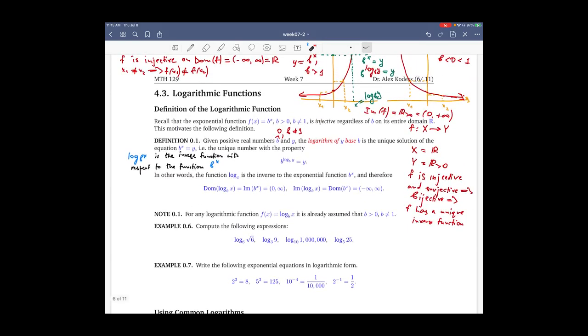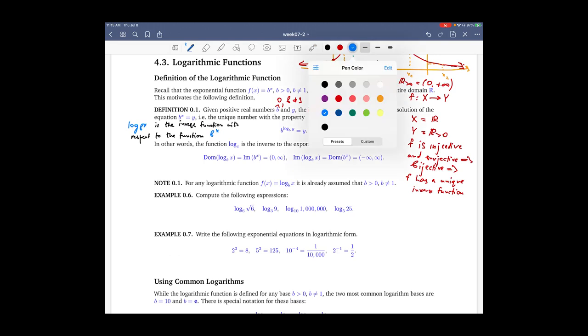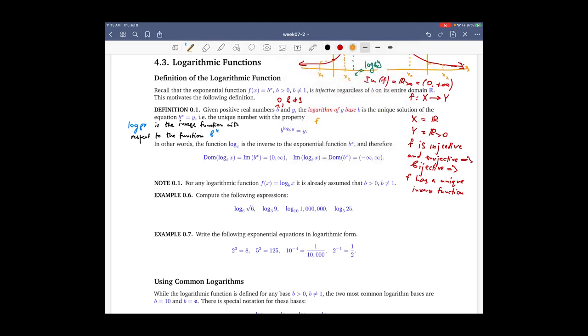So the relationship is very simple, just like for every function f and its inverse, we have f inverse of f of x equals x for every x in the domain of f, and also f of f inverse of x equals x for every x in the domain of f inverse.